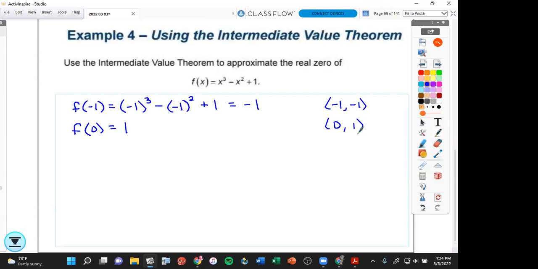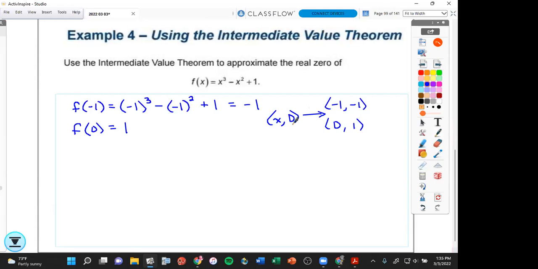Okay, look at the y values. Do the signs change? So is there a 0 between 0 and -1? There has to be. There has to be some x value that gives me an output of 0, doesn't there? Yes, that's the intermediate value theorem.